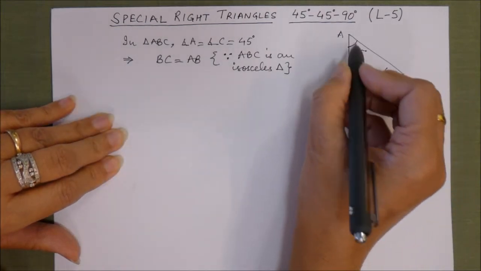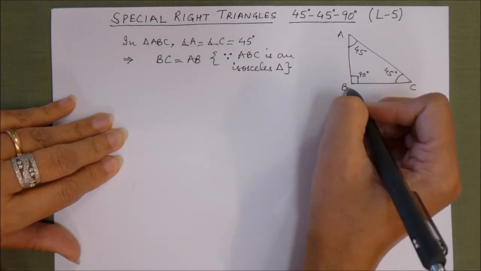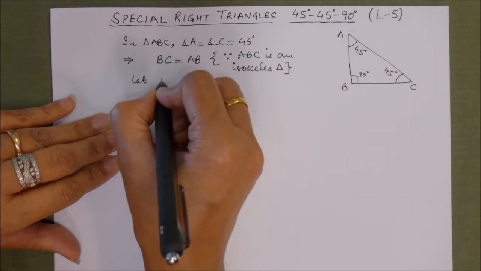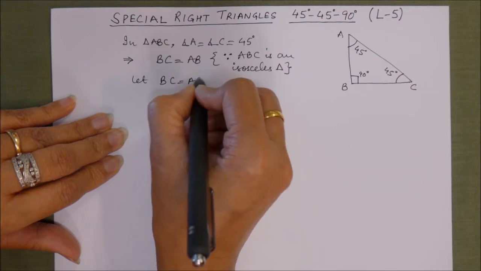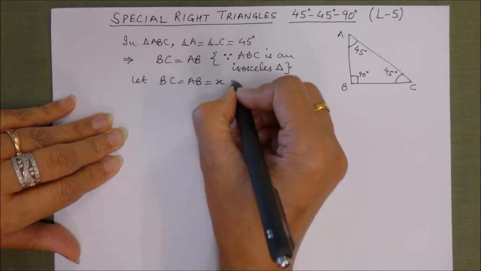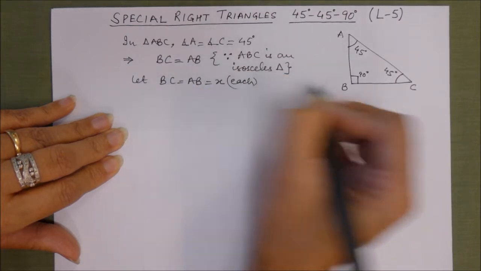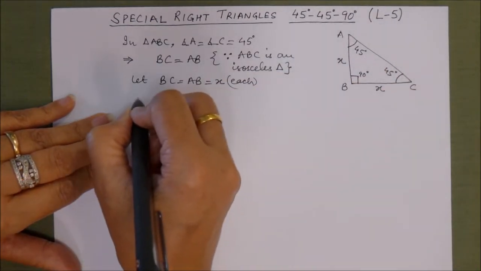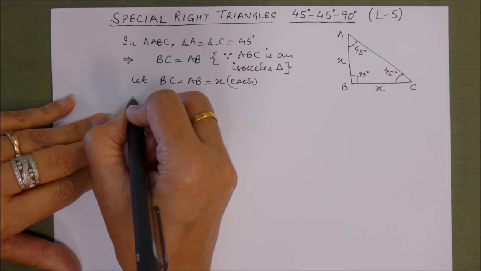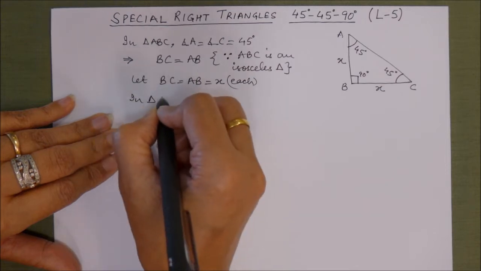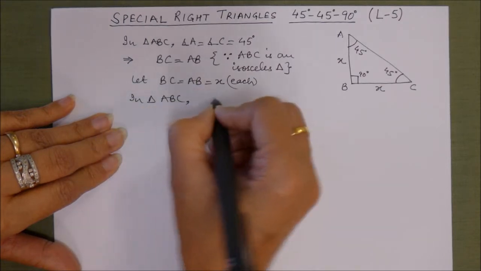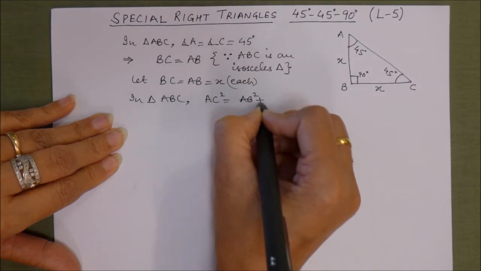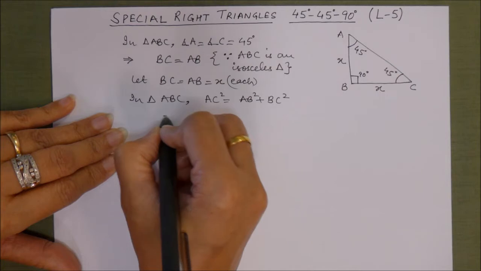First we will find out the hypotenuse by assuming the equal sides as some variable. So let BC equal to AB equal to x units each. So we assume these two as x. According to Pythagoras theorem, AC square is equal to AB square plus BC square.